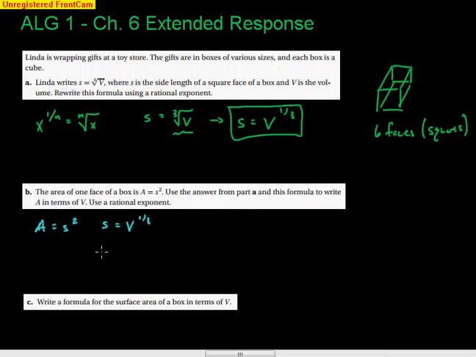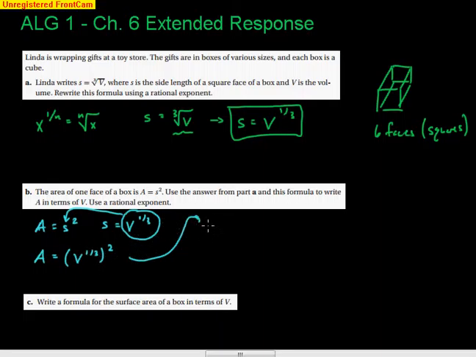Well, we just did chapter 5 where we worked on substitution. So we're going to take this v to the 1/3, and we're going to put it right in here for s, because that's what s equals. So we'll have a equals v to the 1/3 raised to the 2nd power. And now we have these two exponents. And over here, little side work.